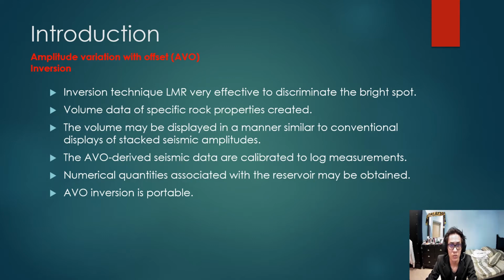The AVO-derived seismic data are calibrated to log measurements and then extrapolated away from the borehole throughout the volume. Moreover, instead of an interface property such as reflection coefficient, meaningful numerical quantities associated with the reservoir may be obtained from the extracted data volume. Thus, these derived AVO attributes are portable and both absolute and relative comparisons of AVO attributes are facilitated.